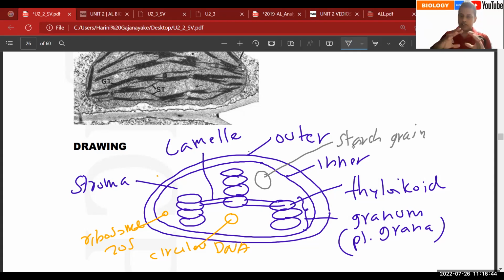A collection of starch makes a big structure, the starch grain. Again, if you can label like this and draw the structure, that's enough to remember all these things. The main function is photosynthesis.